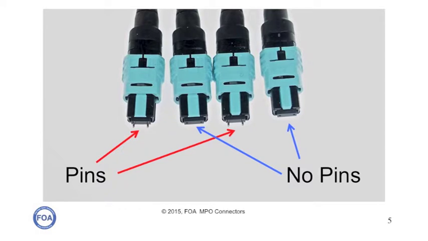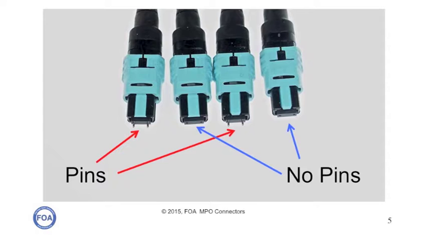The problem you have with most of these connectors is all of the variations in the connectors. As you can see, there are 4 varieties we've shown here. First of all, there are the connectors that have pins, and there are connectors that have no pins or holes.